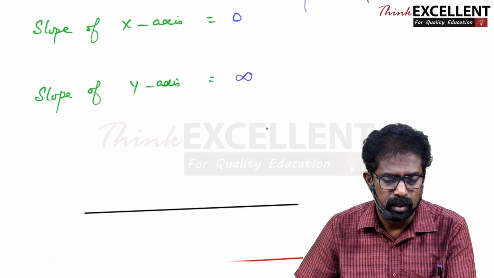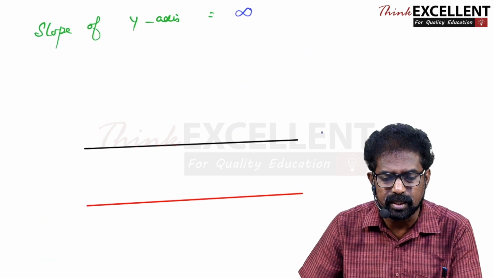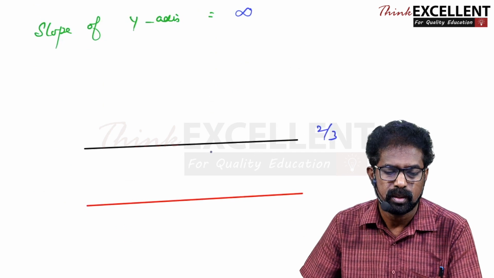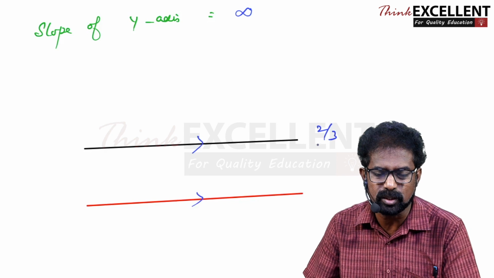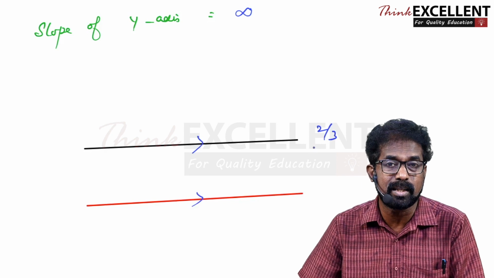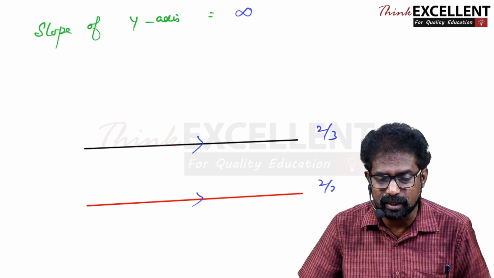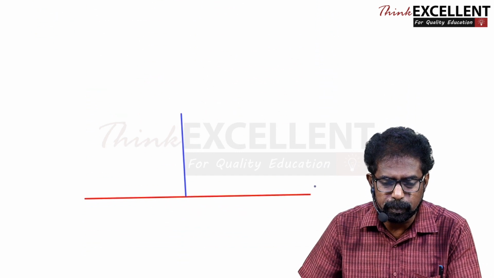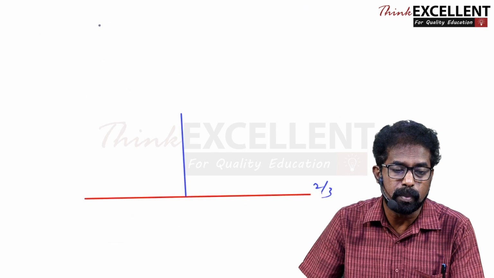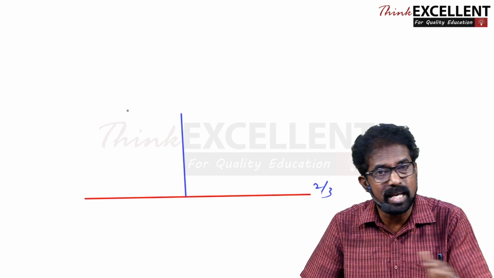Then suppose a line is given, its slope is 2 by 3. Another line is parallel to that. What will be the slope? First line slope is 2 by 3, second line parallel. If parallel, the slope remains the same, 2 by 3. Then one line is given, say its slope is 2 by 3. I want the slope of the perpendicular line. Parallel means same slope.